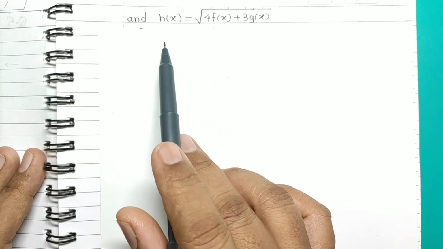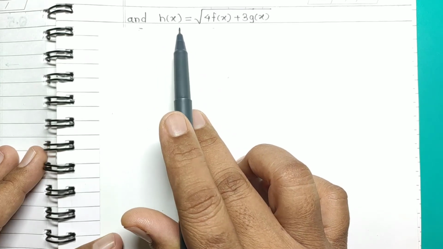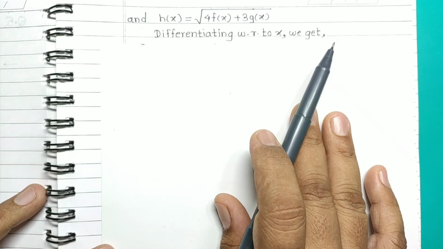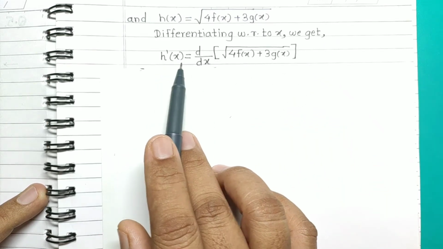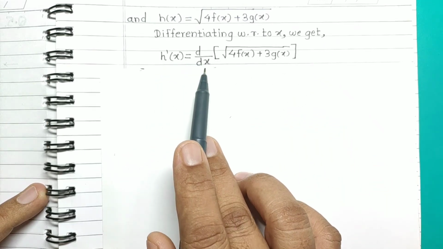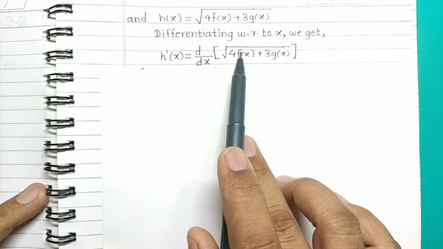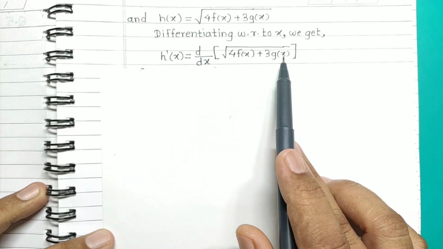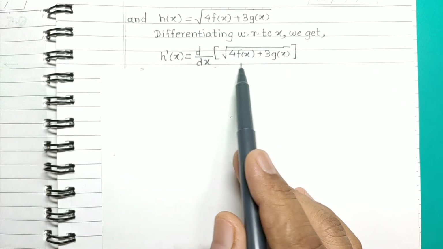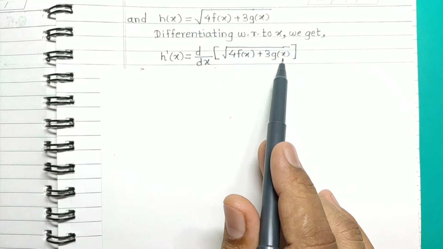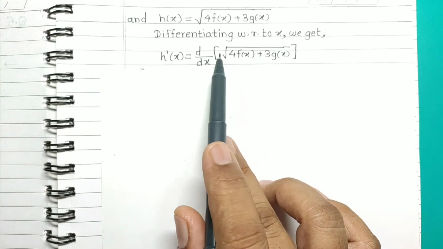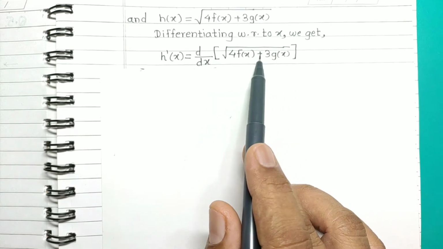Now we have to find out the derivative of this h function. So differentiating with respect to x, we get h dash of x is equal to d by dx of square root of 4 into f of x plus 3 into g of x. See here, again it is a composite function. We have to use chain rule to find the derivative of this square root function.